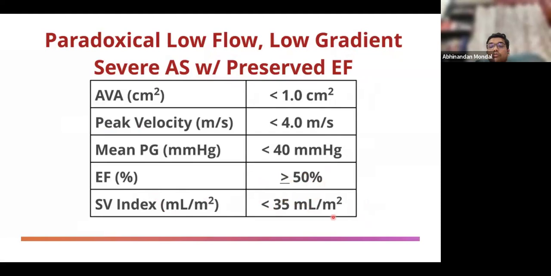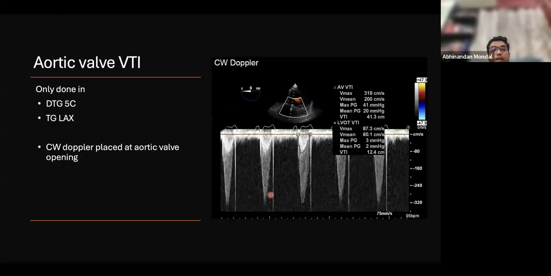It occurs if the patient has severe concentric hypertrophy and the LV lumen is very small, which also produces a lower stroke volume index. Why is it paradoxical? The patient has a good ejection fraction, but still it is low flow, low gradient.